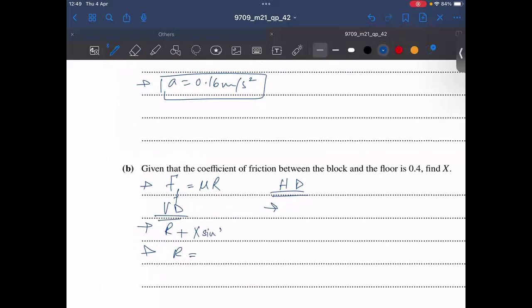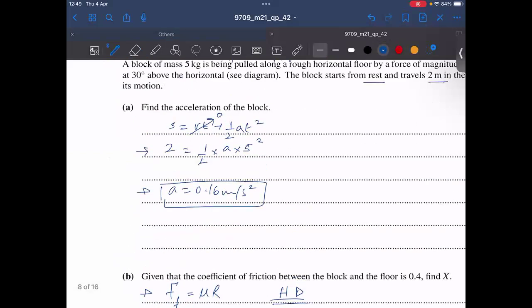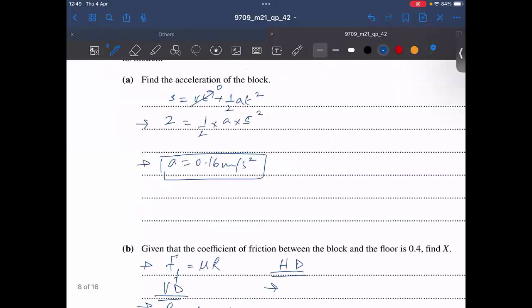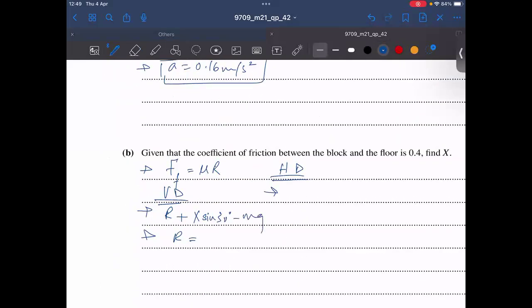So X sine of 30 degrees plus R minus mg equals 0. So I'm going to have mg, which is 50 newtons, 5 times 10, 50 minus 0.5X. I have this as one equation.